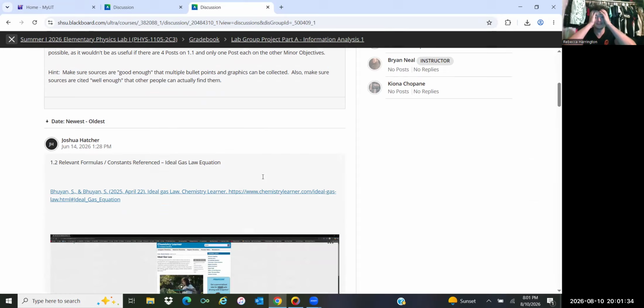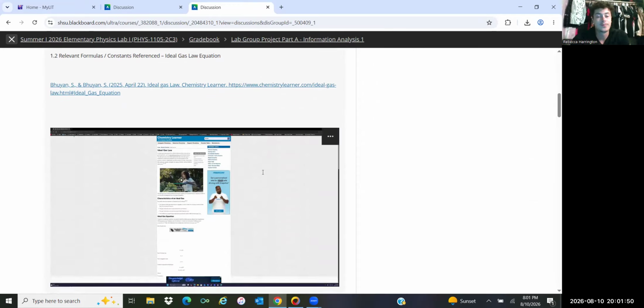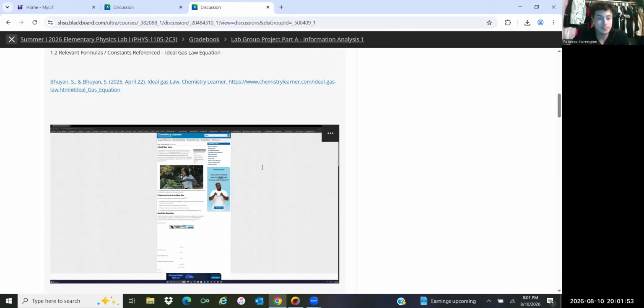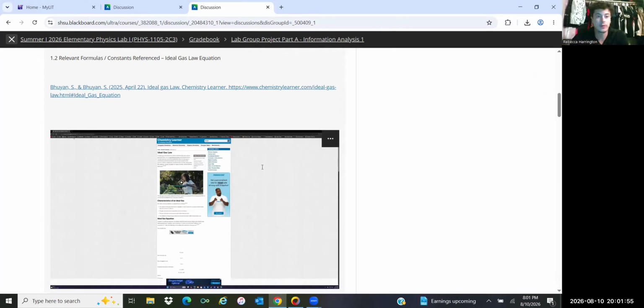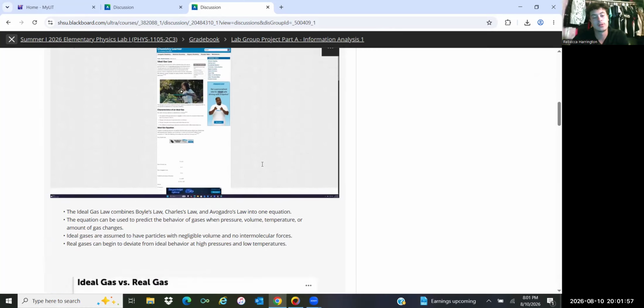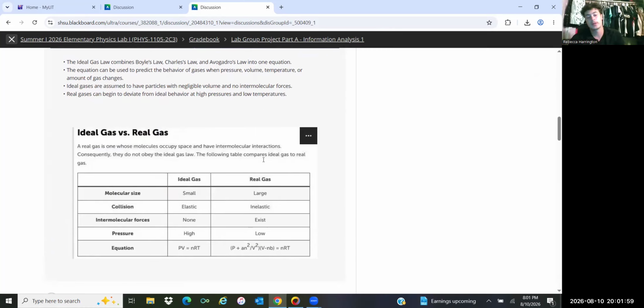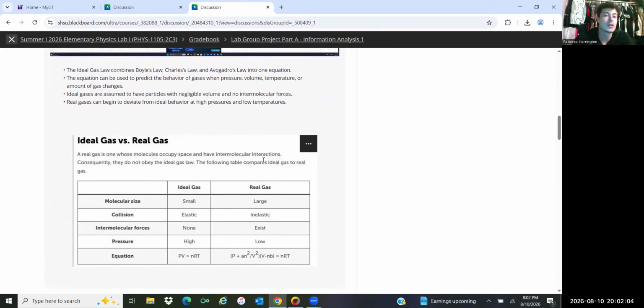For the lab part, our group had ideal gases, the ideal gas law, and Josh did a pretty good job at this. He had the ideal gas law equations, the relevant formulas, and constants.